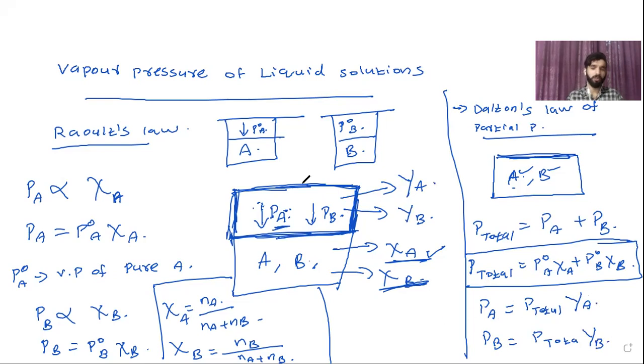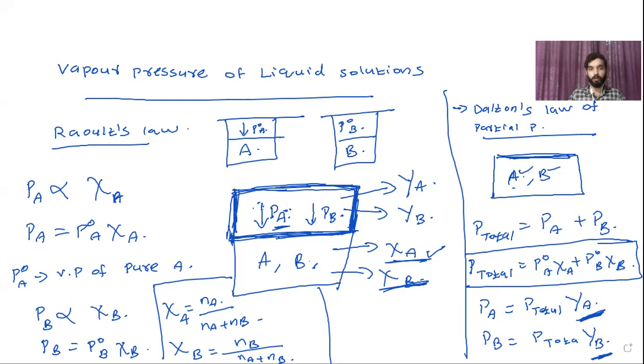If you have total pressure as P total, then the pressure exerted by A depends on the mole fraction of A. Suppose the mole fraction of A is 1/3, then 1/3 part of the total pressure will be exerted by the molecules of A. If the mole fraction of B is 2/3, then out of the total pressure, 2/3 part of it will be exerted by vapors of B. So using this, we can find the mole fraction of A and B in the vapor phase.